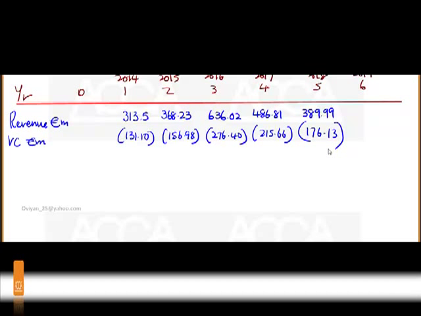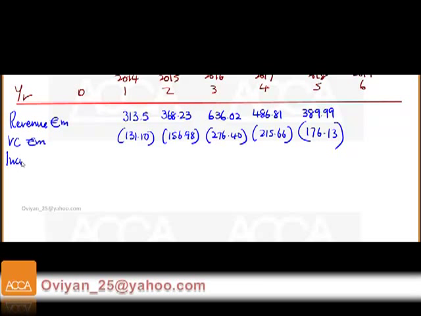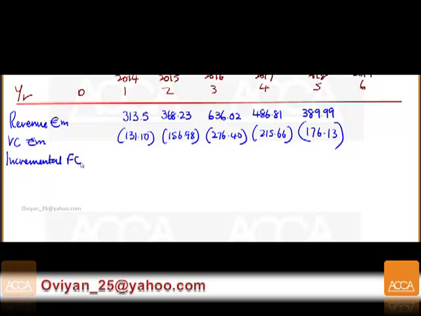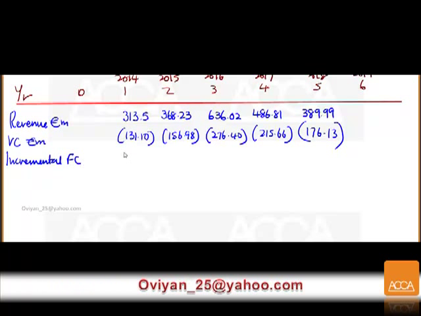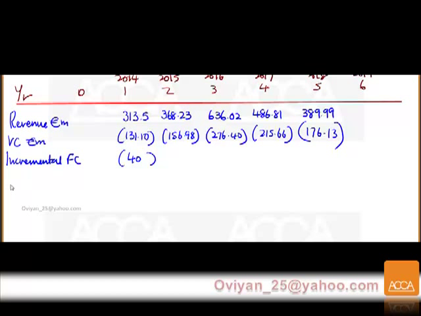Now it's still in euros. We have incremental fixed costs. Now my incremental fixed cost is going to be 40 million. Paragraph number 15, at the end of 2014, is 40 million.